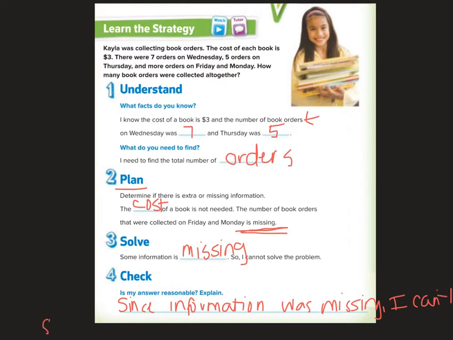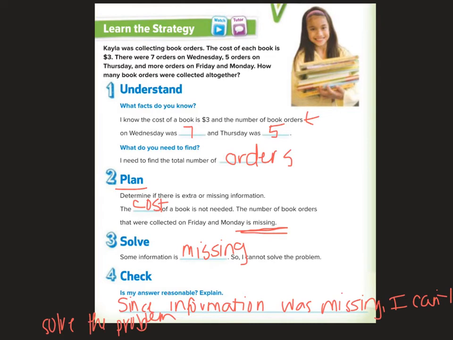Okay, so we don't have enough information, so we can't solve the problem. I really love these problems because they make you look at the questions really carefully so that you can make a good determination on what the question is actually asking you.